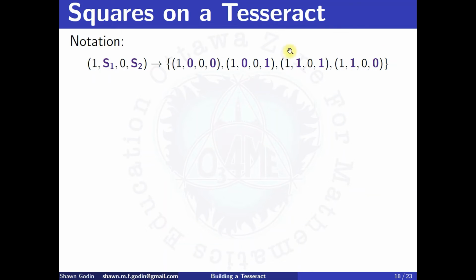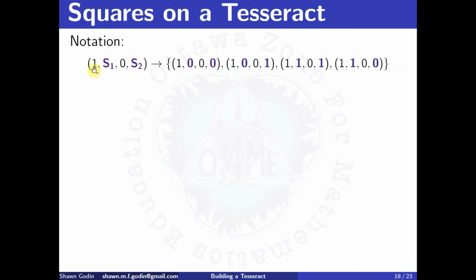So if I had a particular face, which is made up of 4 points, and again, 2 of these points are going to be fixed. So the first and the third are fixed at 1, 0, 1, 0, 1, 0. The other 2 coordinates go through the coordinates for a square, 0, 0, 0, 1, 1, 1, 1, 0. I'm going to represent that in a compact notation.